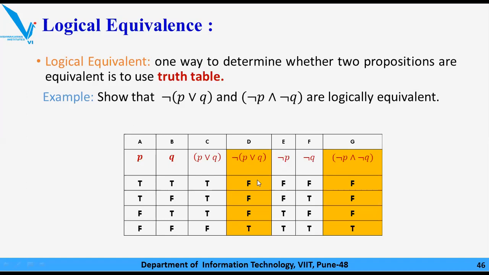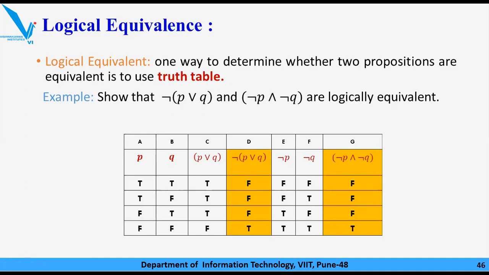Now I will check the truth values for each and every case. In the first case, the truth values are false, false. In the second case, it is false, false. In the third case, false, false. And in the fourth case, true, true. It means that in all cases they have the same truth values, and that's why we can call these two compound propositions logically equivalent.